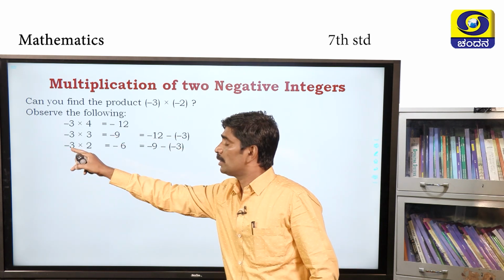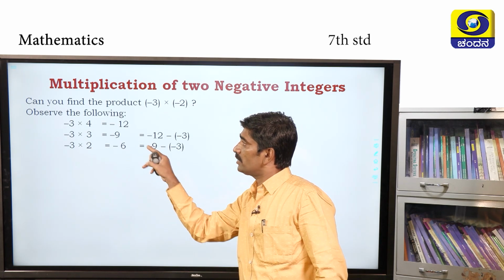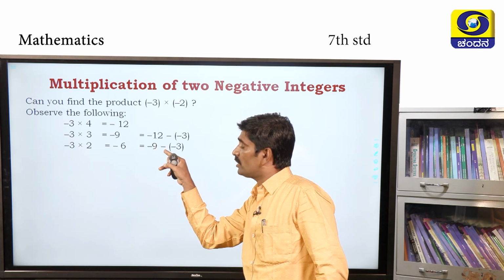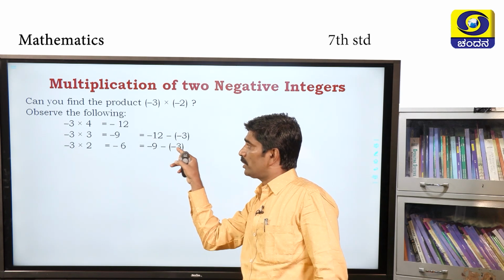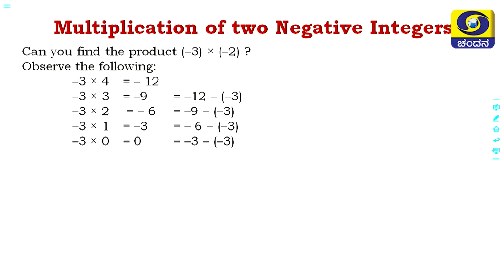Okay. Next, minus 3 into 2 is minus 6. Minus 6 minus of minus 3, that is minus into minus plus, minus 6 plus 3, that means minus 3. Minus 3 into 0 is equal to 0, that is minus 3 plus 3, which is also equal to 0.